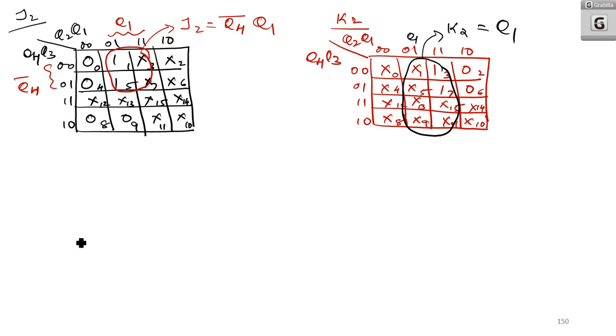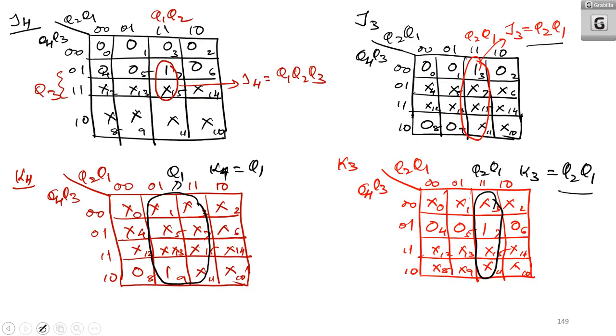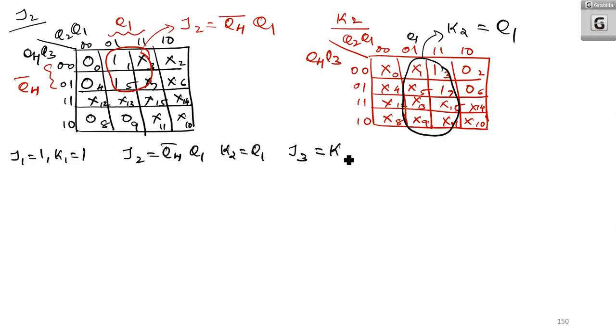So the expressions we are getting are J1 is equal to 1, K1 is equal to 1, then J2 is equal to Q4 bar Q1, K2 is equal to Q1, J3 is equal to K3 is equal to Q2 Q1.